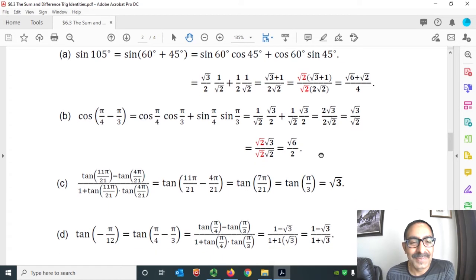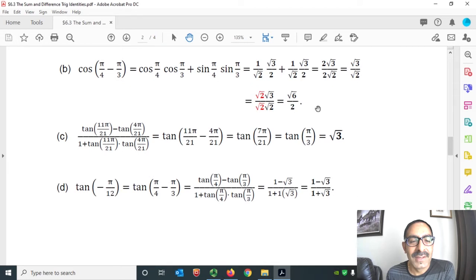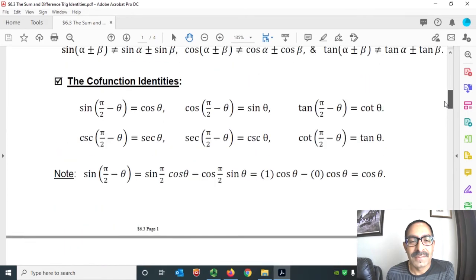Now let's move on. Let's find the value of these fractions. Now this is the tangent function's formula for the difference angle. So in the next step, this turns out to be tangent of 11 pi over 21 minus 4 pi over 21. That's the formula. Again, let me scroll up and show the formula here.